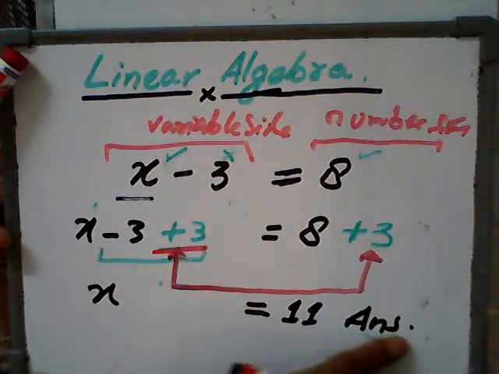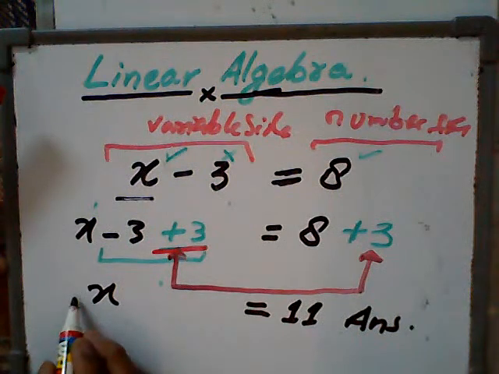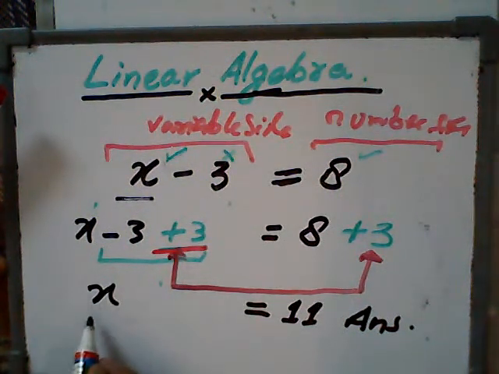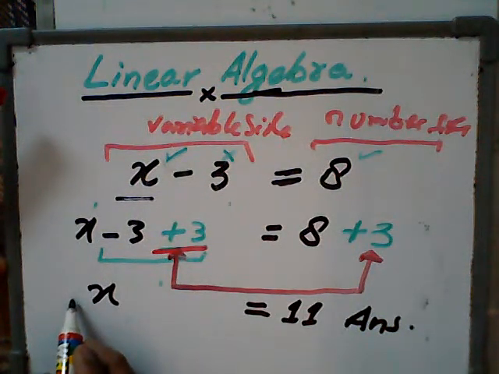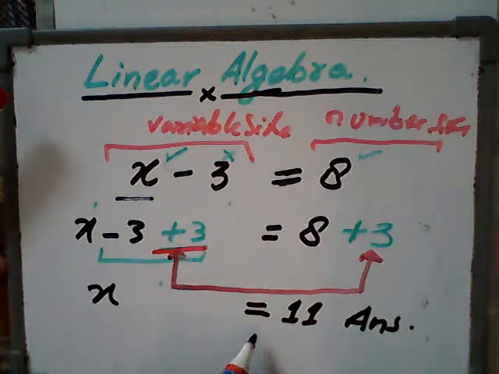How do we get the answer? We get an answer when x or any variable is alone, without any number beside it or any power. If we find a single variable without any coefficient or power, then we know that it is the last answer. So this is our answer.